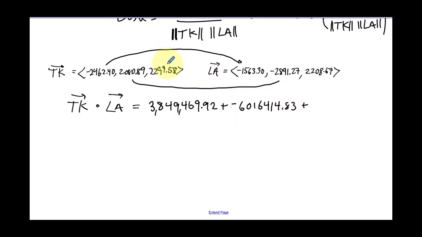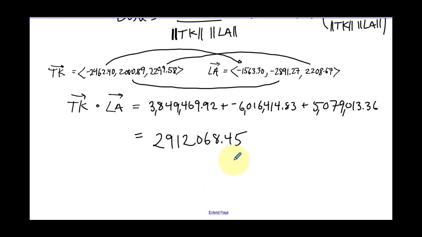And finally, the last two get multiplied together: 2299.58 times 2208.67. I get a little over 5 million. This one's a little over 6 million. Combining all that together. Now this is just for the dot product.